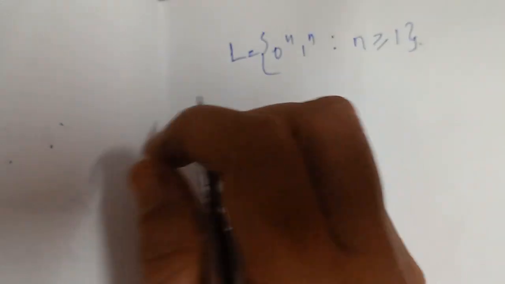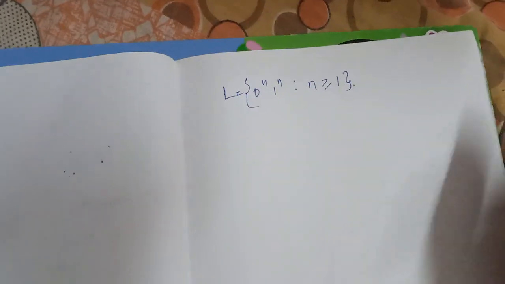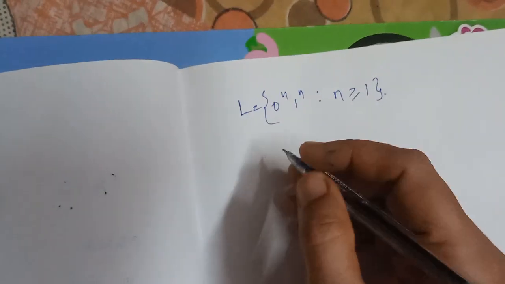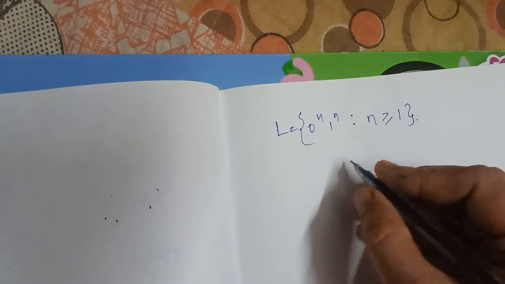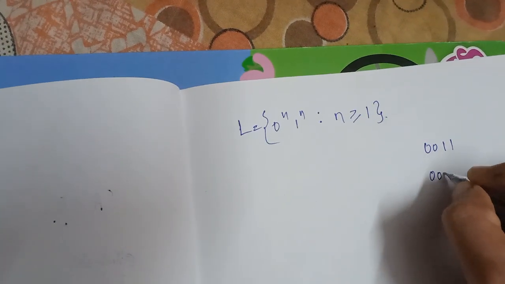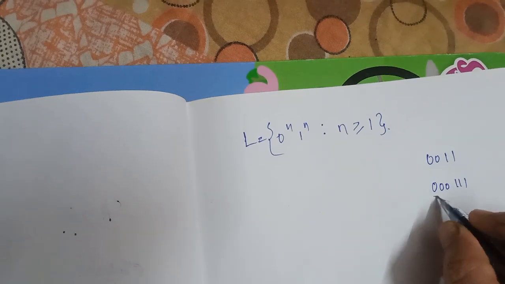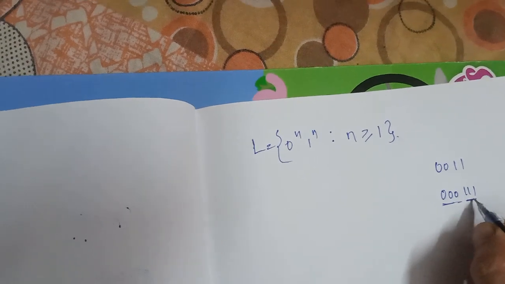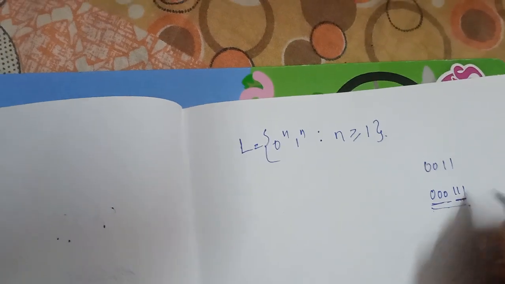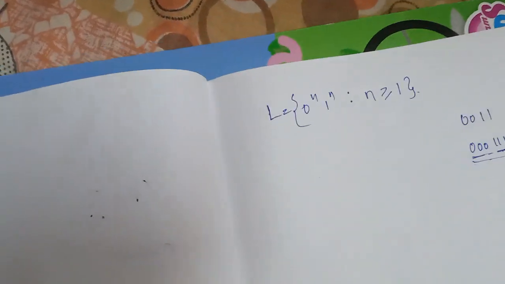Now we are going to design the Turing machine. How do we design it? What are the possible strings? Might be 2 zeros and 2 ones, or 3 zeros and 3 ones, or any equal number of zeros followed by an equal number of ones. I will take this as an example and design a Turing machine based on it.